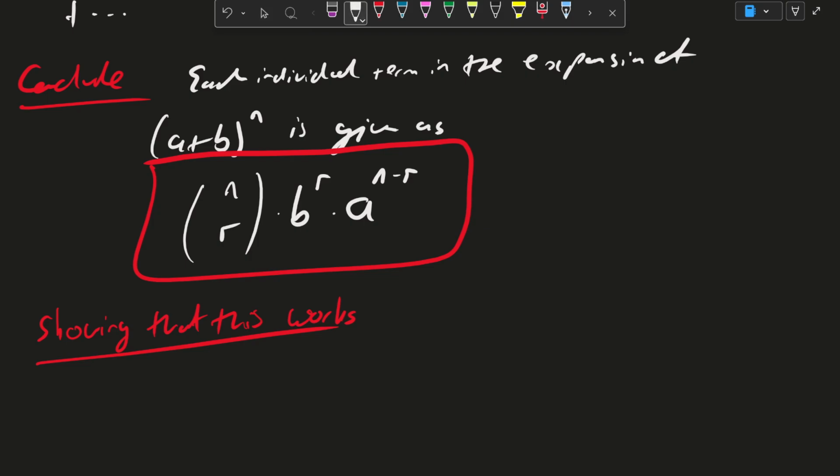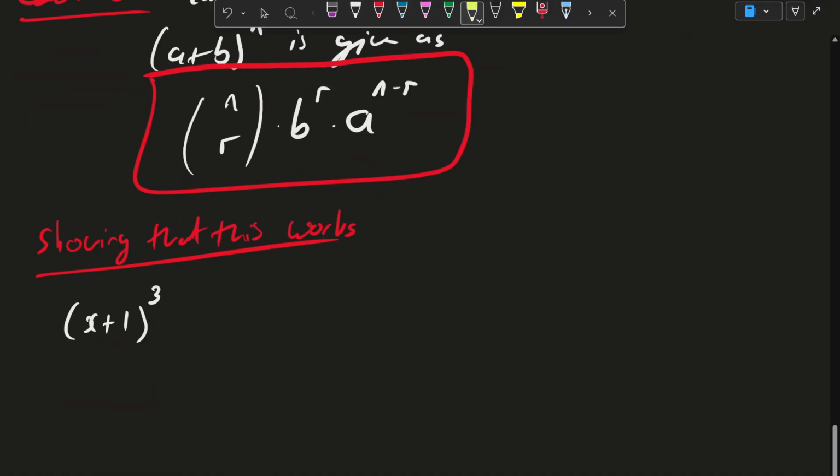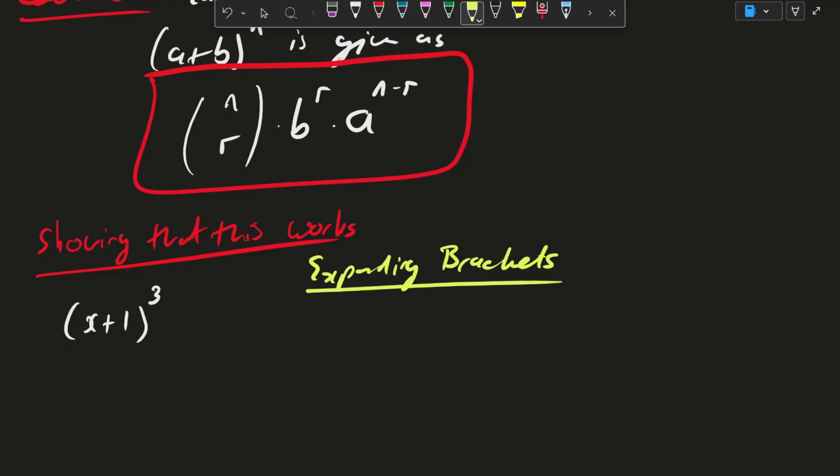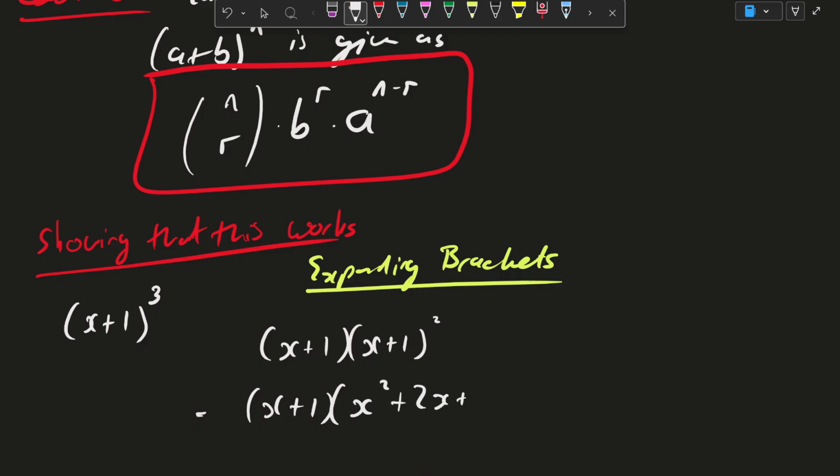And how I'm going to do that is by expanding the bracket x plus 1 cubed. So if I do it the normal expanding brackets way, then what I end up getting is x plus 1 times x plus 1 squared, which equals x plus 1 times this squared will give you x squared plus 2x plus 1.